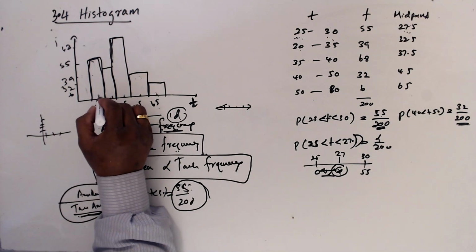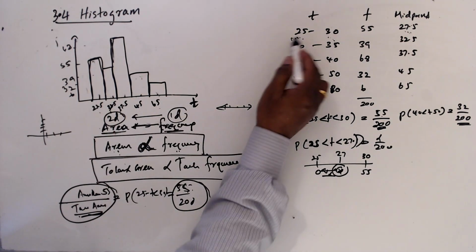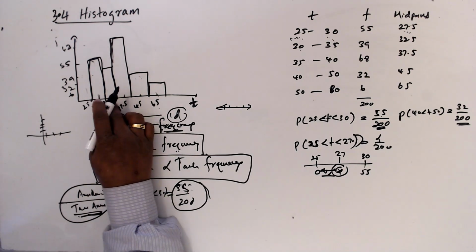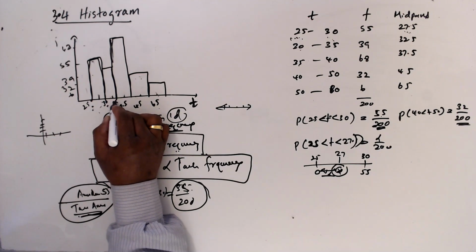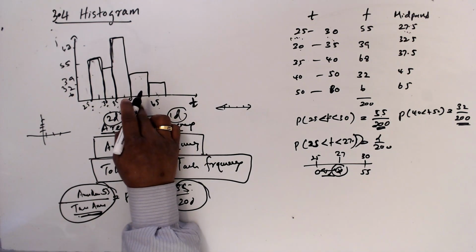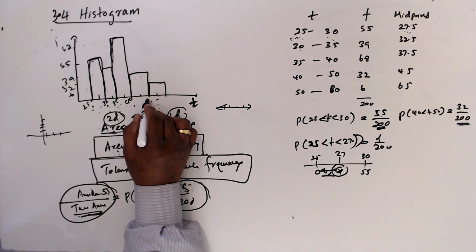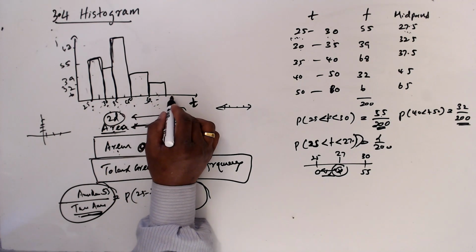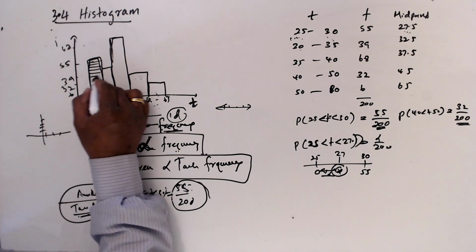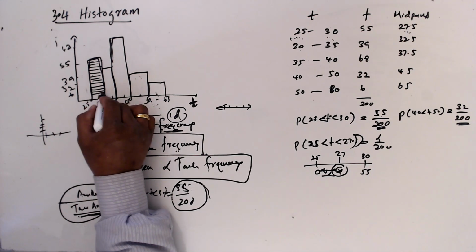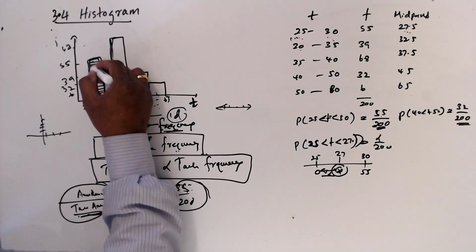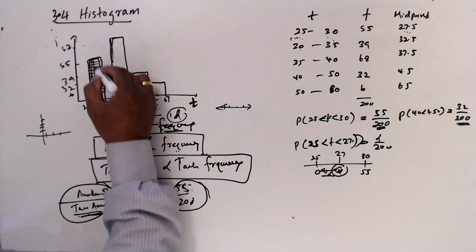Assume I am dividing this. These are the intervals 25 to 30, 30 to 35, 35 to 40, 40 to 50, and 50 to 65. So I divide this into small boxes.